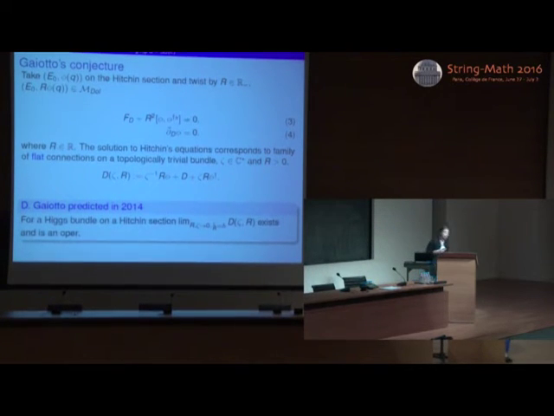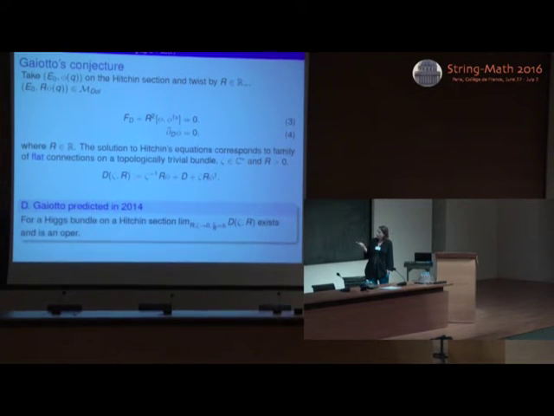In 2014, Davide Gaiotto predicted that for a Higgs bundle on a Hitchin section, the limit when r and zeta approach 0 with a fixed ratio, and this fixed ratio is h bar, of d zeta r exists and is an oper.